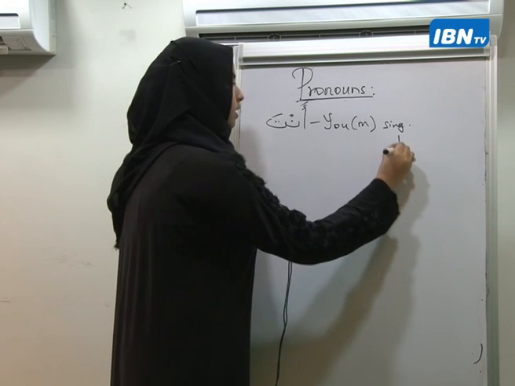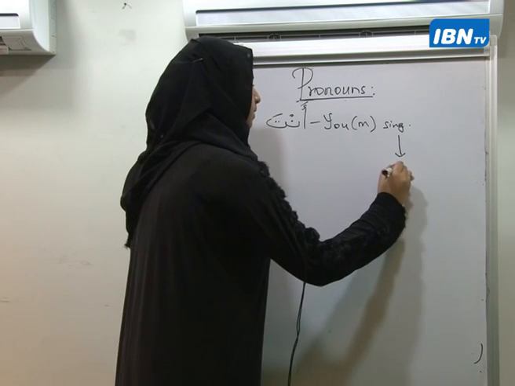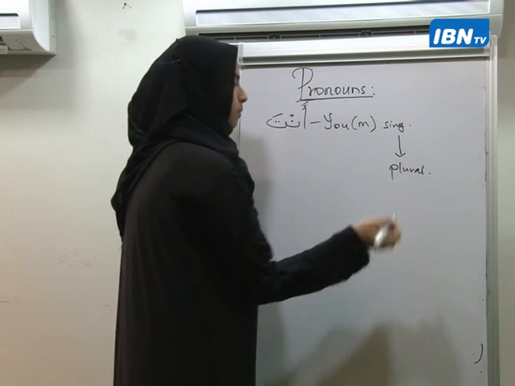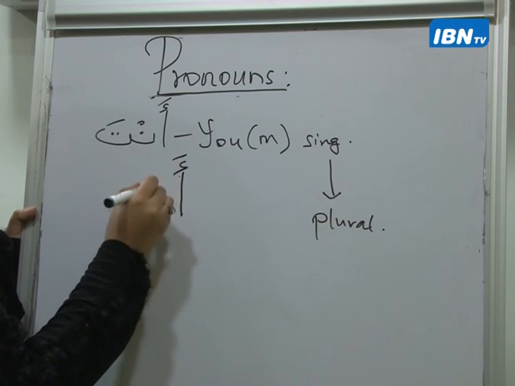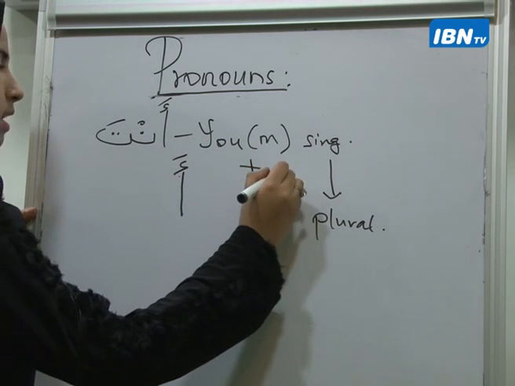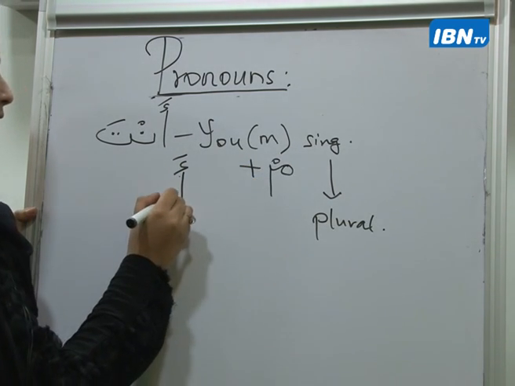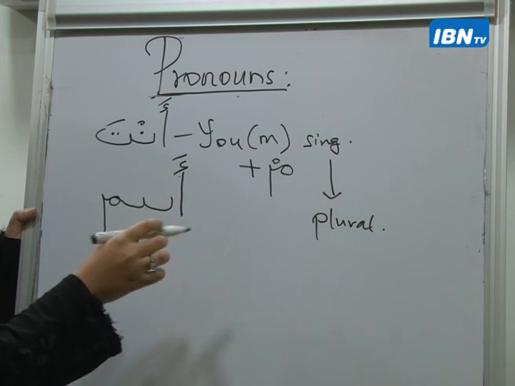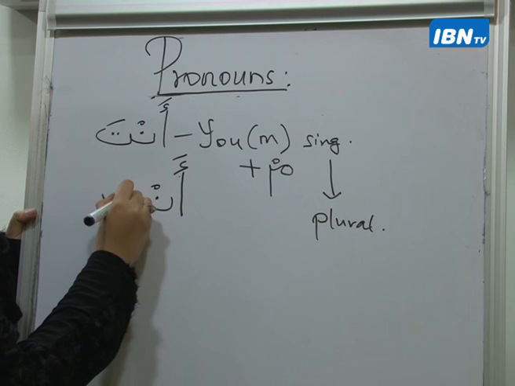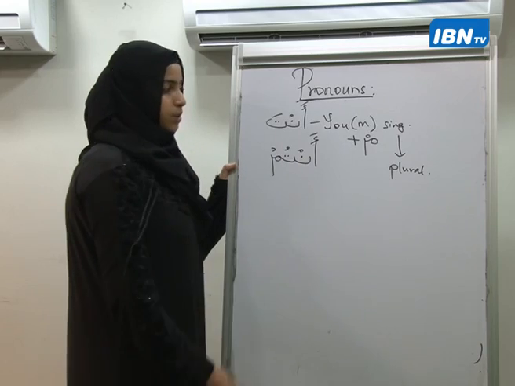So from singular to plural, what am I going to do? Mim sakin. So it's going to become, adding a mim sakin there, antum. This is for male only. Antum. So what have I done?